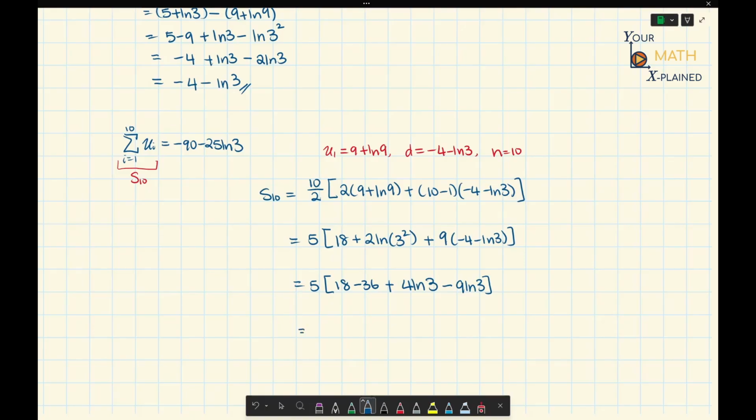Now combining the like terms inside the bracket is going to give us negative 18 minus 5 times ln of 3. And finally, we can now distribute the 5, which means we get a final answer of negative 90 minus 25 ln of 3, which is exactly what we were trying to show.